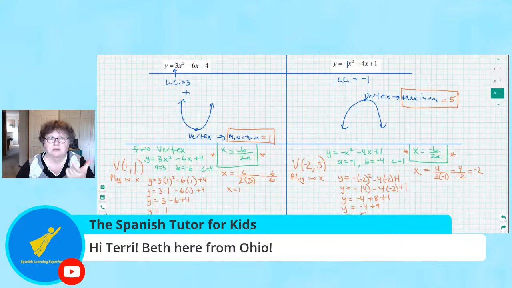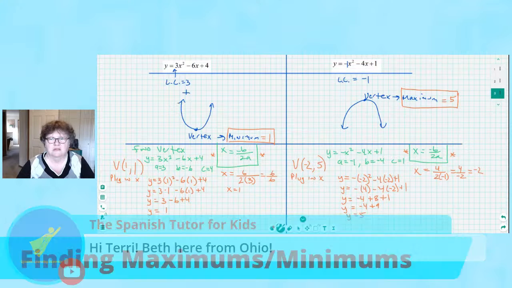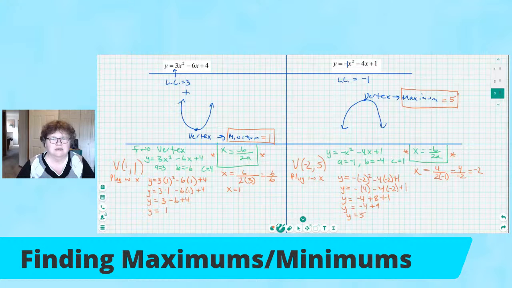And do you know if the parabola opens up or down? Because that will tell you if it's a max or a min. And you do that by telling the sign on the leading coefficient every time. Okay, so that is finding maxes and minimums. I hope this is helpful. I've been teaching this all week this week.